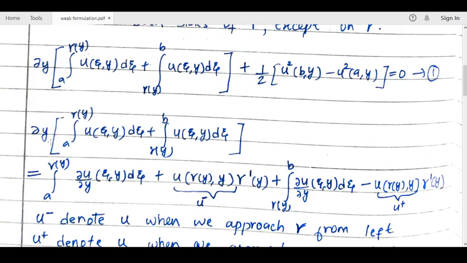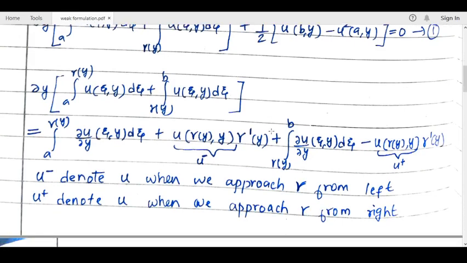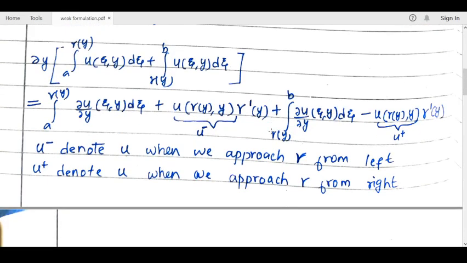The first term is the partial derivative with respect to y of this integral term. Here we can use the formula for the derivative of an integral, which you have studied in integral equations. You can take the derivative inside the integral sign.